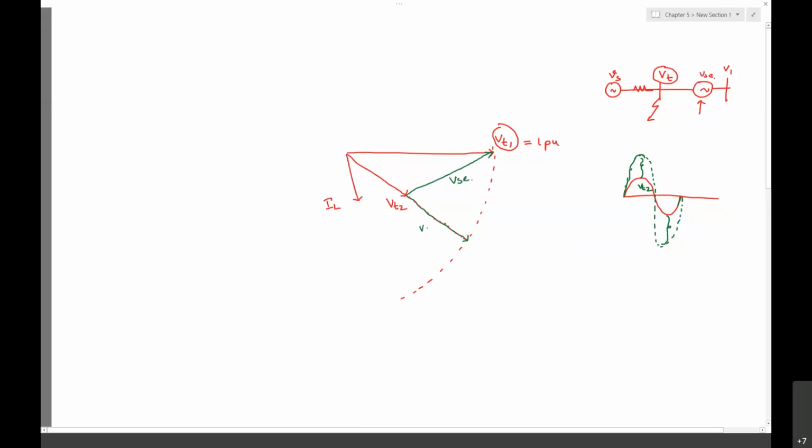The possibility of attaining 1 per unit has different possibilities. If it is this particular injection, VT2 has become this voltage VL, which is equivalent to VT1. There are different possibilities of attaining the load voltage of 1 per unit.